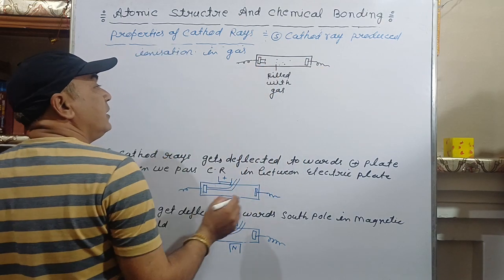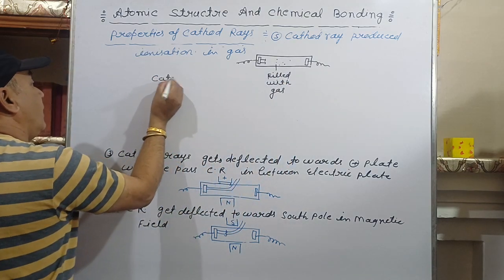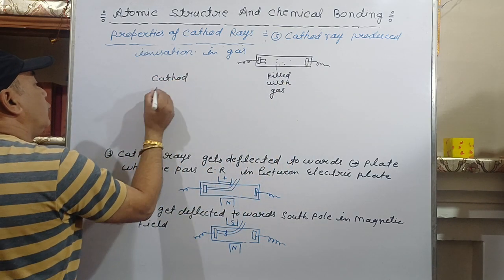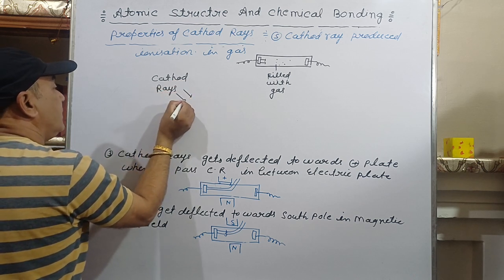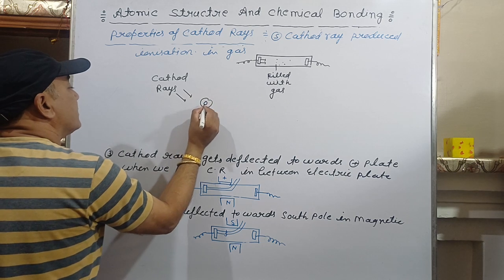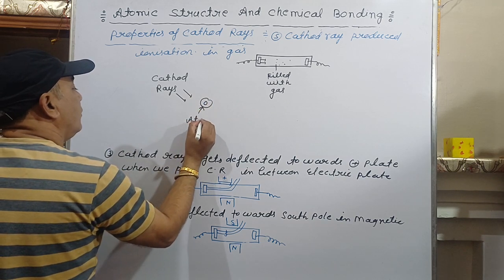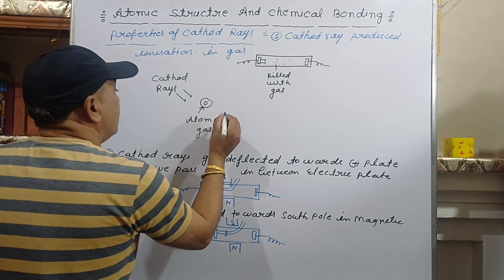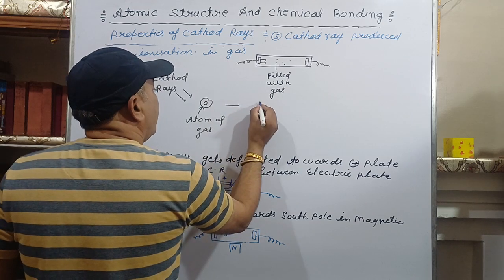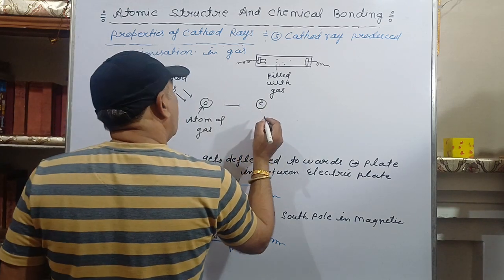When these cathode rays fall upon an atom of gas, they release electrons from its shell.